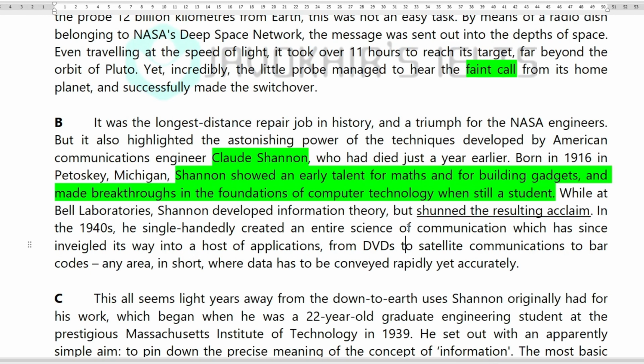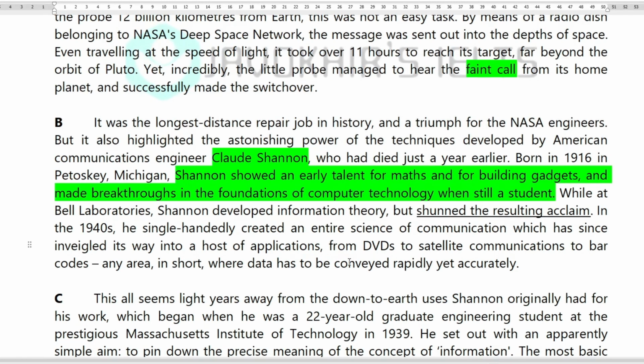They wanted to praise him. And in the 1940s, he single-handedly created an entire science of communication, which has since inveigled its way into a host of applications, from DVDs to satellite communications to barcodes and any area, in short, where data has been conveyed rapidly yet accurately.